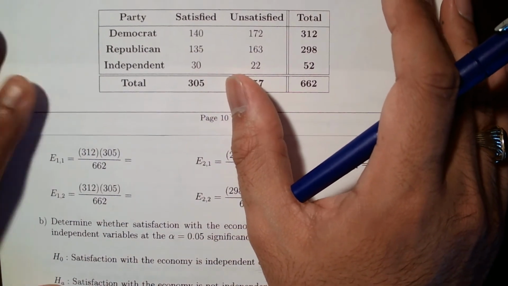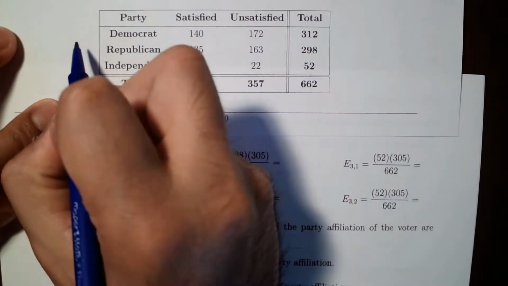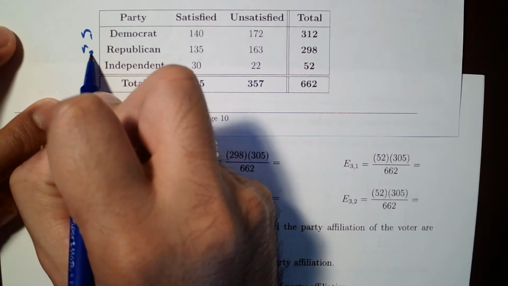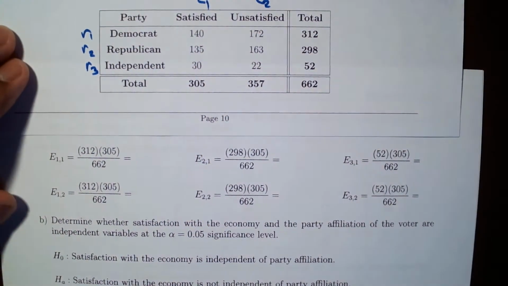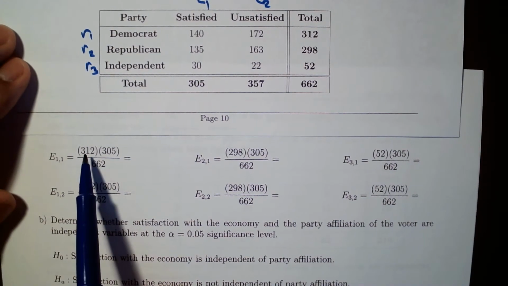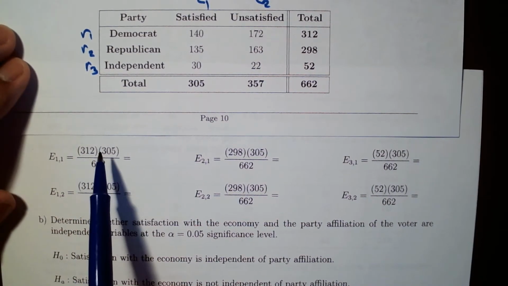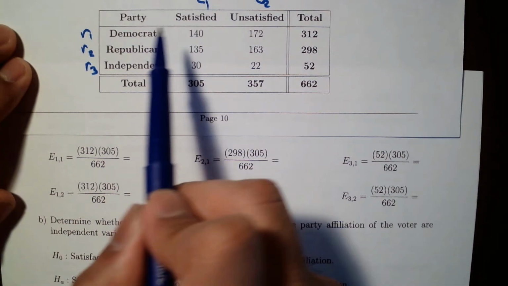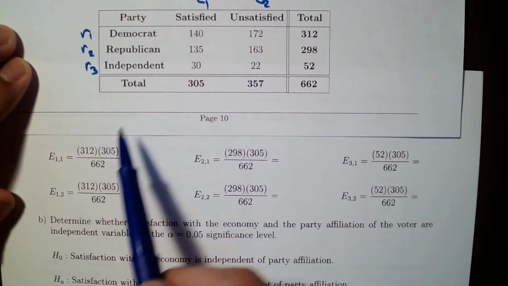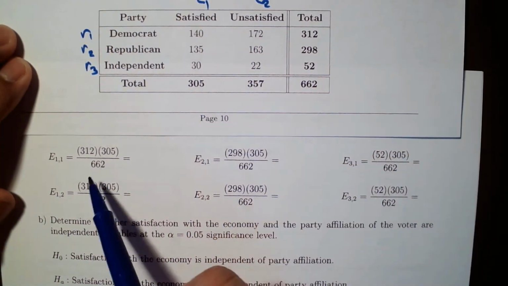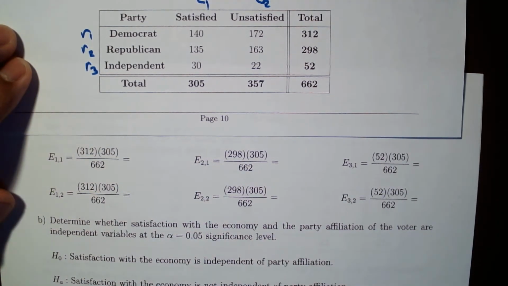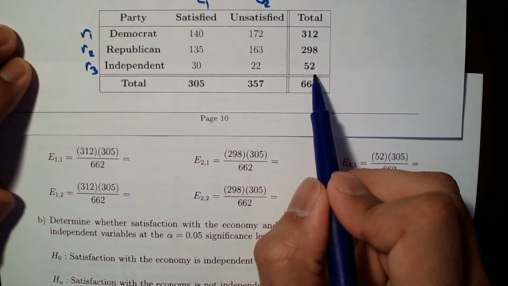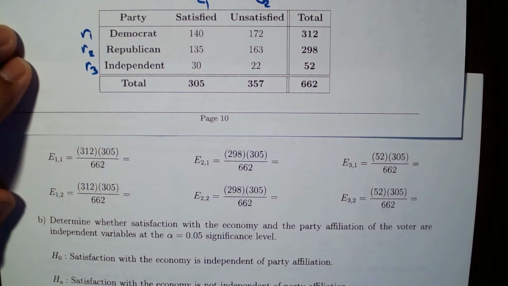You might want to call this row 1, row 2, row 3, column 1, and column 2. So E11 is the total of row 1 and the total of column 1. The total of row 1, 312, times the total of column 1, 305, divided by the total number of observations, which is 662.